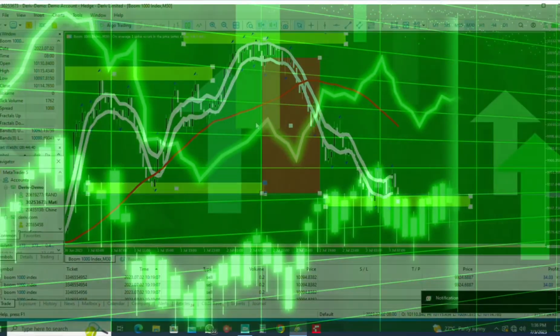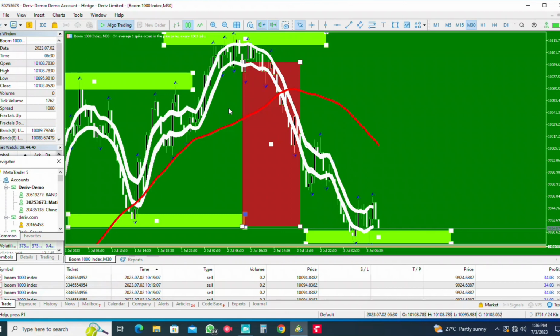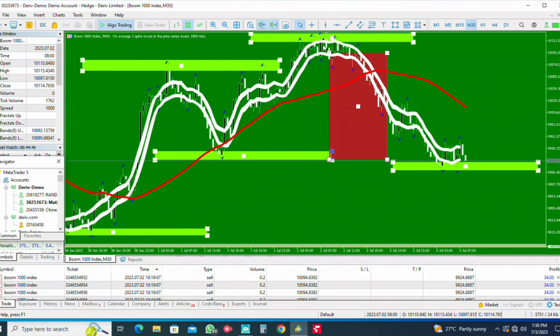When you see this kind of shape on your 30 minutes time frame, 1 hour, 4 hours, or even 1 day, once it curves to the resistance zone, remember you must allow the market to go from the support zone to the resistance zone.